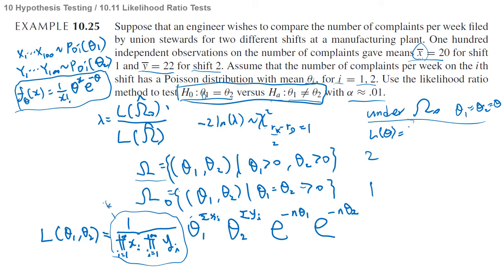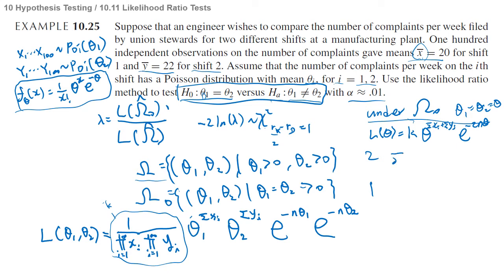So L theta is k times theta to the sum of xi plus sum of yi, and e to the minus 2n theta. And let's calculate the maximum likelihood under this situation.